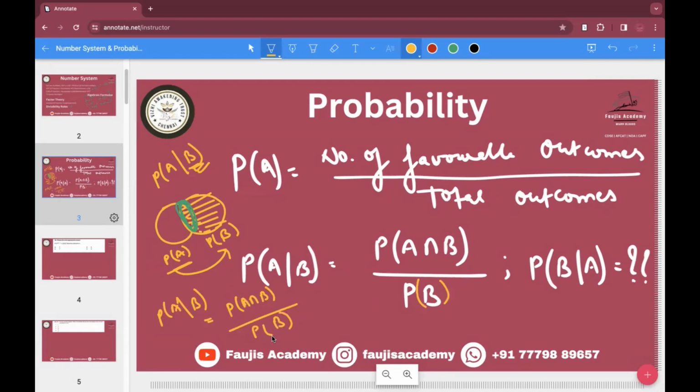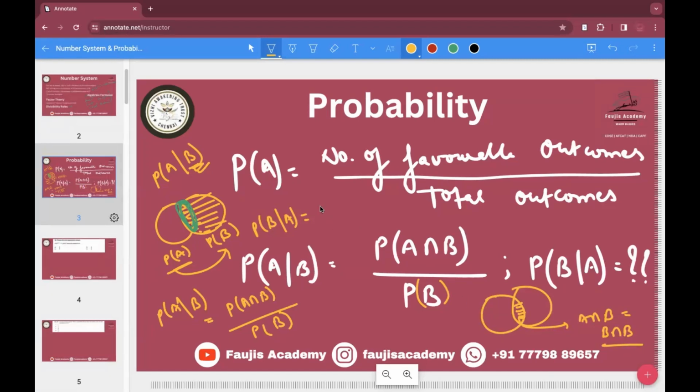Right, guys? You did not study it in 10th class. So similarly, if I ask you P of B given A, what will be the value of it? Whether you write P of A intersection B or B intersection A, both are the same, no, guys?